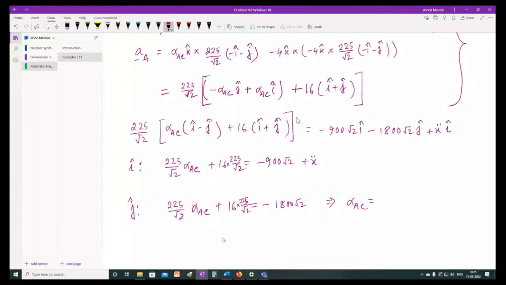Yes, sir. Now tell me the value. 32 radian per second square. Once you get this 32 radian per second square, you can find out what is x double dot. Tell me what is this value?